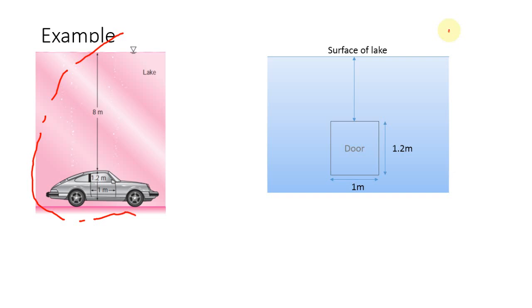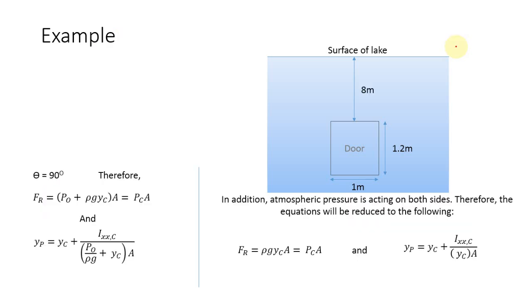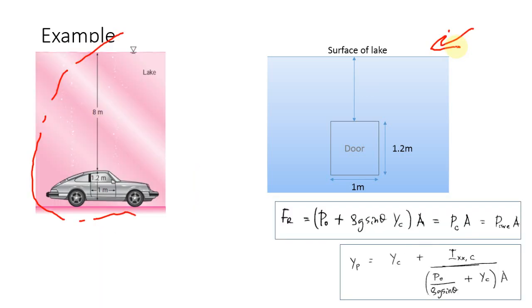So this is the surface of the lake, and it is 8 meters below the surface, and the dimension of the door is given that is 1.2 meter by 1 meter, and we can assume the door to be rectangular because as you can see here, it's only a small variation, and we can assume the shape to be rectangular.